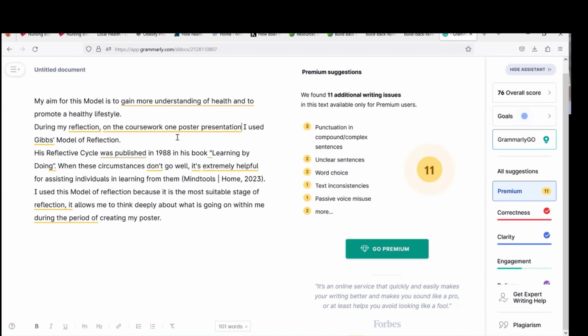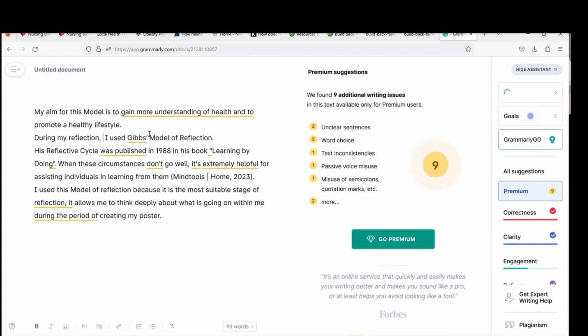Yeah, obviously it's going to highlight this. During my reflection, I just don't understand this. I used Gibbs' model of reflection. His reflective cycle was published in 1988, learning by doing when these circumstances.